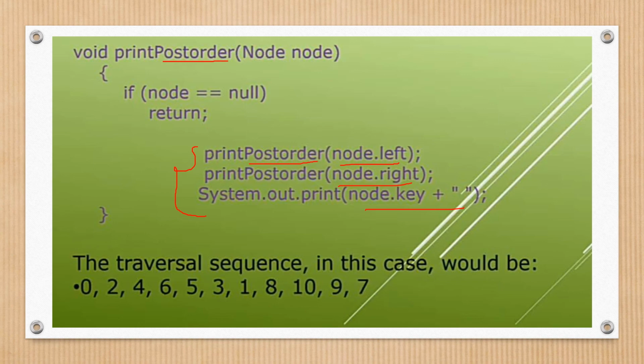If we use post-order traversal, then the sequence of nodes is like this: first 0, 2, 4, 6, 3, 8, 10, 9, 7. This is the post-order traversal of the previous example.